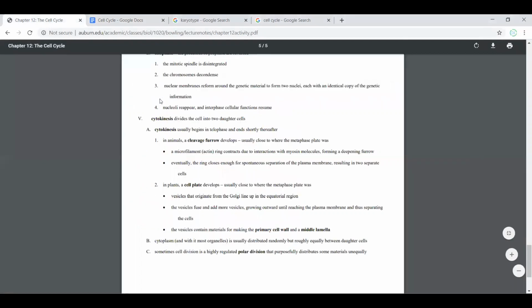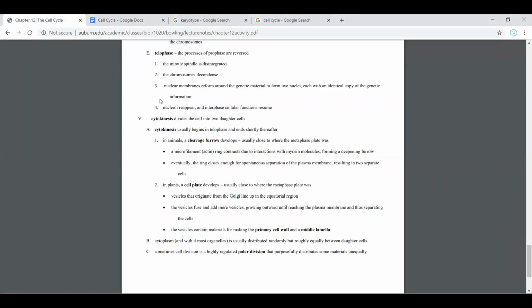In plants, however, it's a little bit of a different scenario, because if you remember, plant cells have the cell wall. So in plants, what actually happens is we have a cell plate. The cell plate is close to the metaphase plate, except that it functions in making the cell wall.